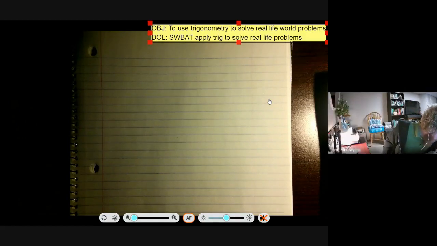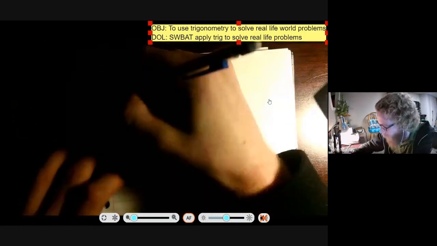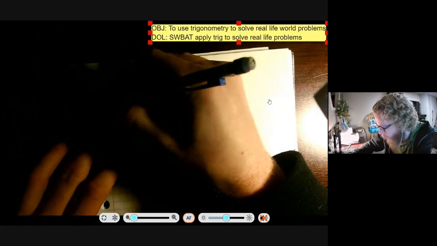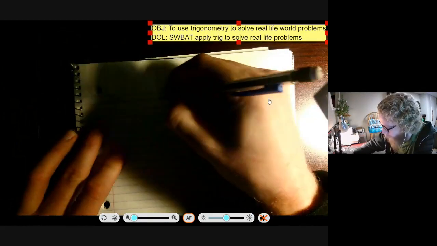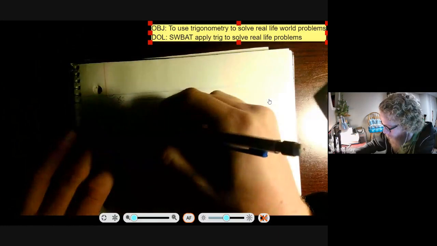All right, let's see. Which one do I want to do? Okay, I like this one because this is an actual thing people do and not just some silly scenario like trying to measure a tree.